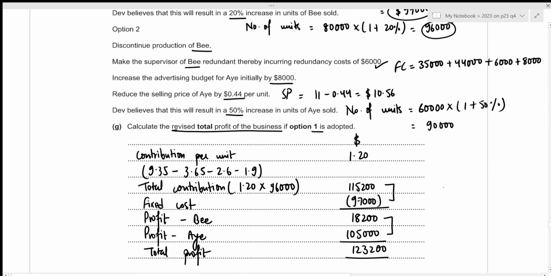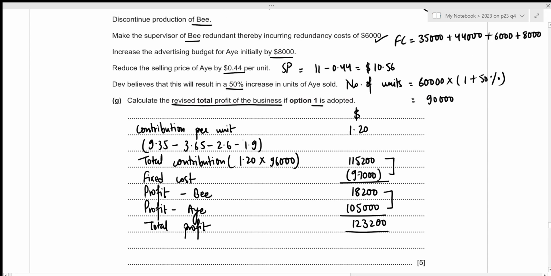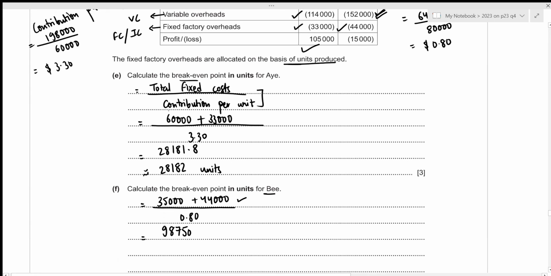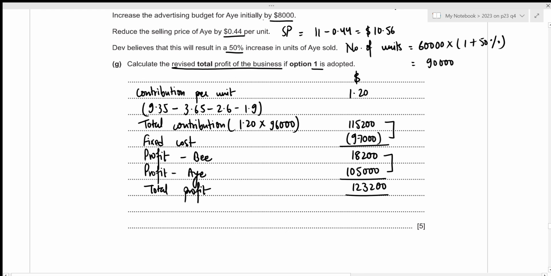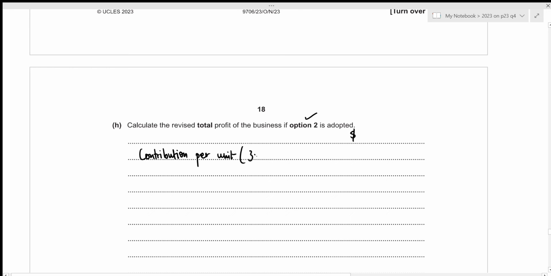Okay, for this question as well, we can start with calculating the contribution per unit. And since our selling price is being reduced, the contribution per unit should also be reduced by the same amount. So we can just utilize the previous contribution per unit for A, which we calculated to be 3.30. And we need to subtract 0.44, since this is the value by which our selling price is being decreased. So 3.30 minus 0.44, which gives the contribution per unit to be 2.86.